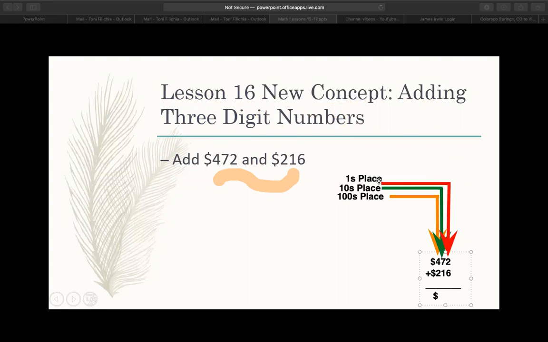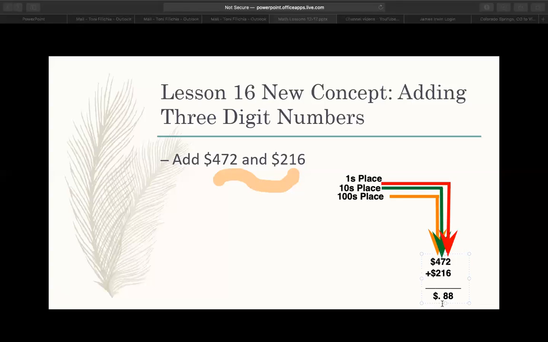And looking at our ones place, 2 plus 6. What is 2 plus 6? 8. And then looking at our tens place, 7 plus 1. What is 7 plus 1? 8.